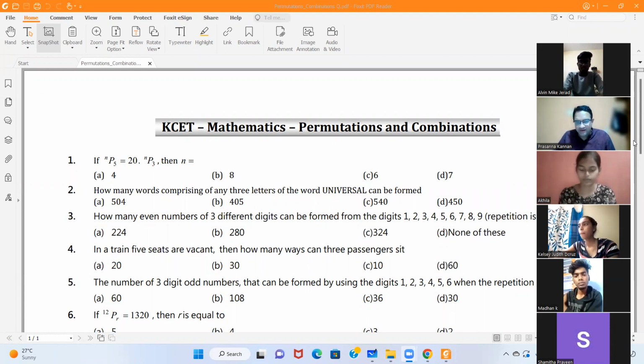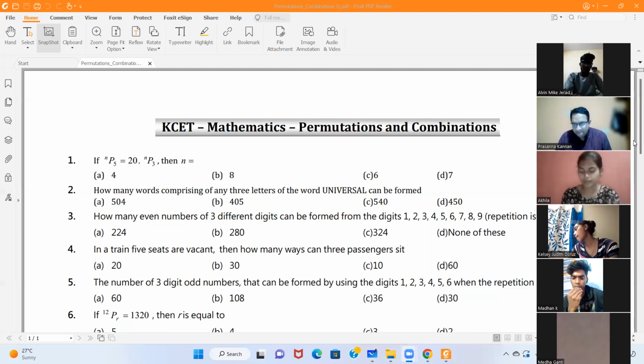Excellent. Then we had discussed the fundamental principle of counting, right? Fundamental principle of addition and fundamental principle of multiplication. Can anybody tell me what it is? If we have to select either of them, then it is the principle of addition.